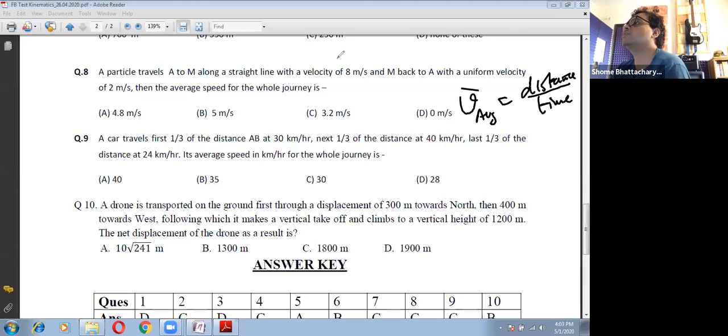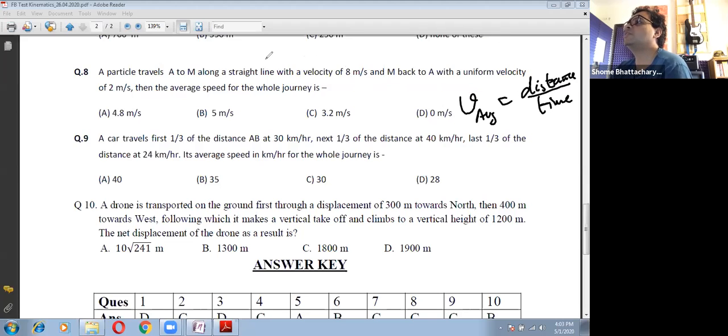So just use this concept. See if you can work it out. Total distance upon total time.